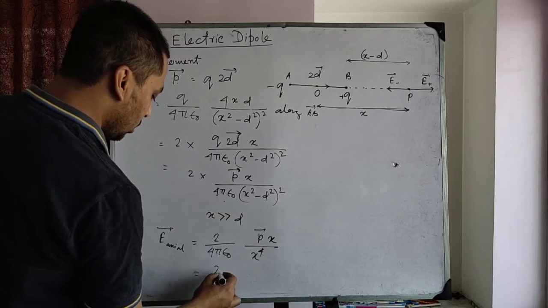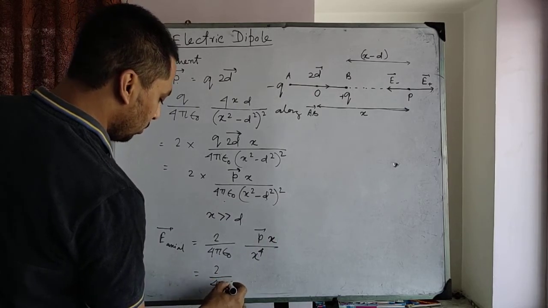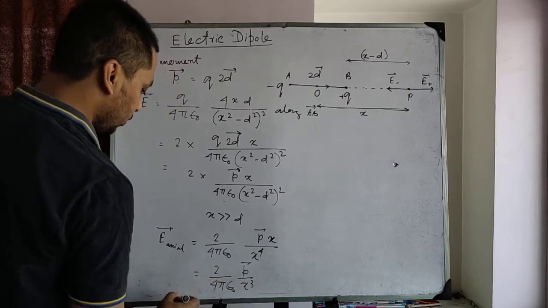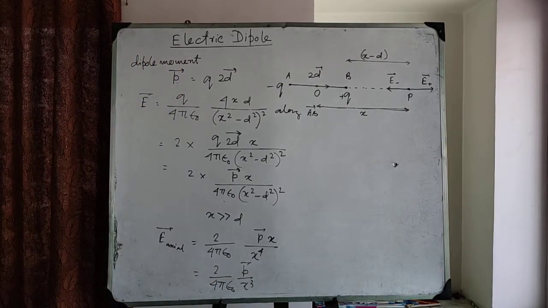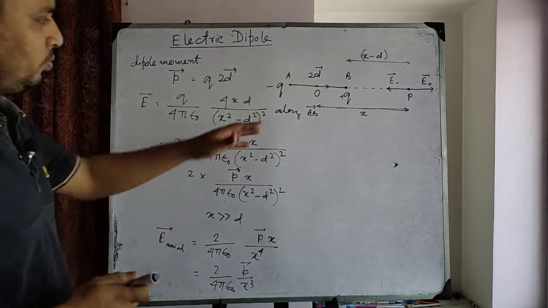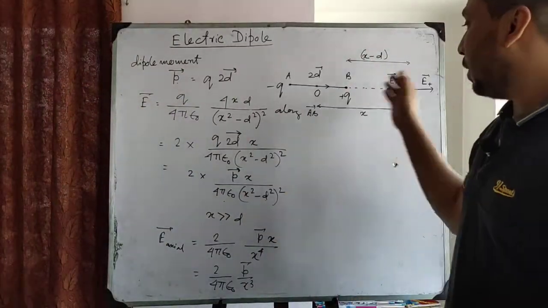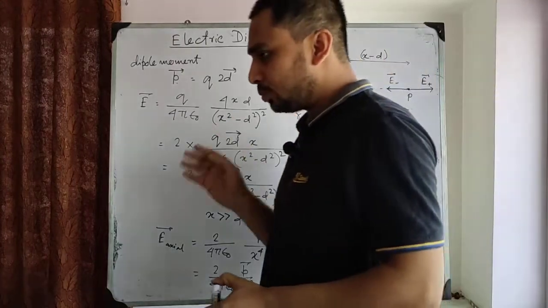So this is equal to 2 by 4 pi epsilon naught times p by x cube. This is the result when the point P is far away from the center of the dipole.